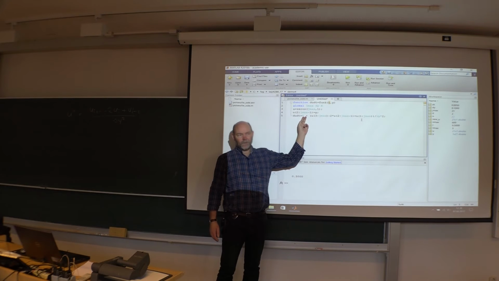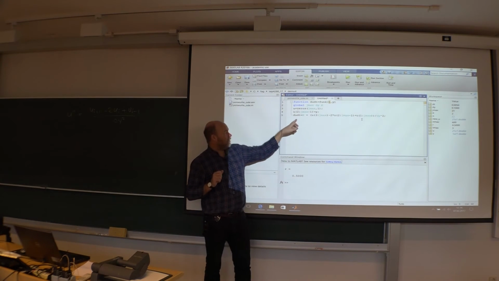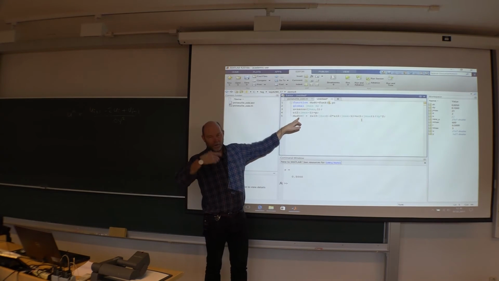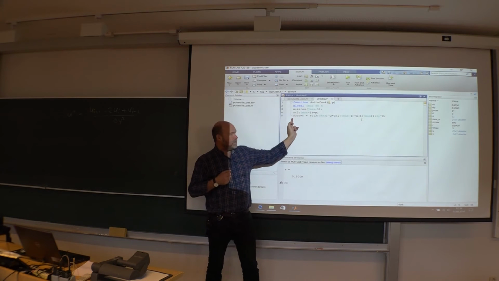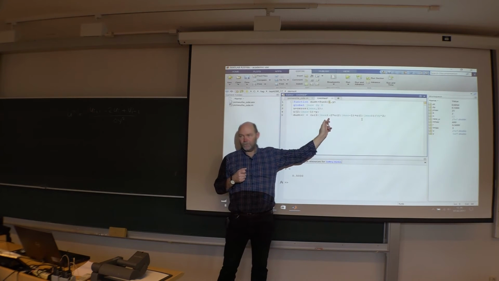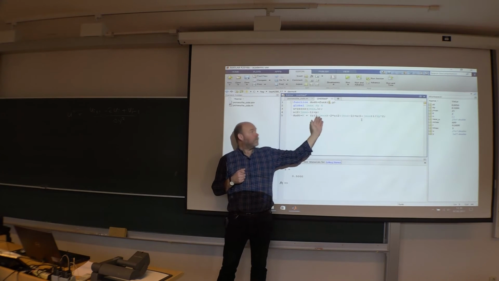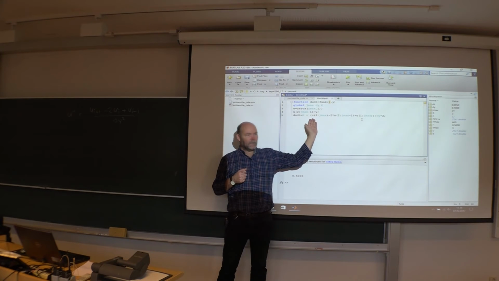This is much faster than using a for loop. I could have done that as well, and then say dudt of i equals and so on, and have a for loop. This one is much faster. So if possible, write your programs like this in vector form. Not necessarily so easy.